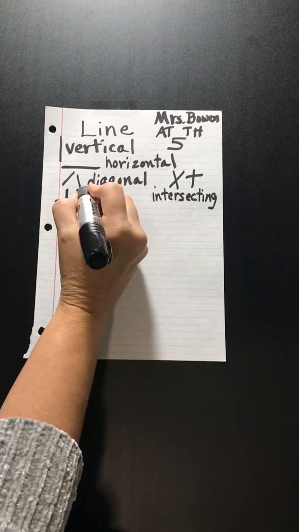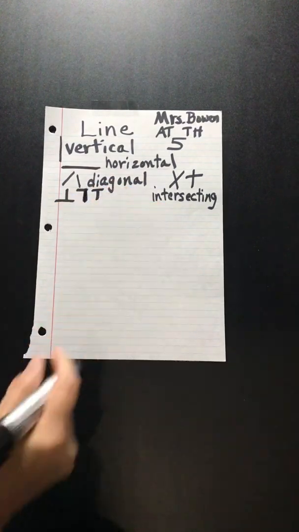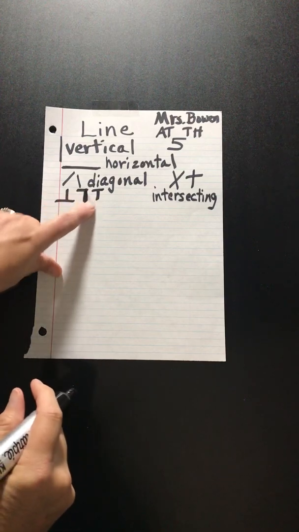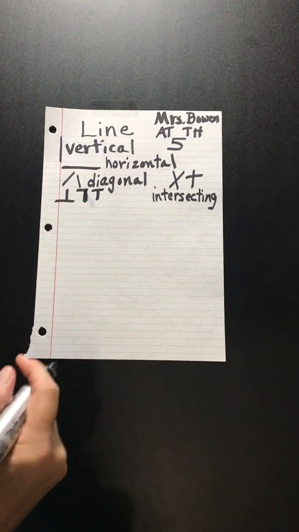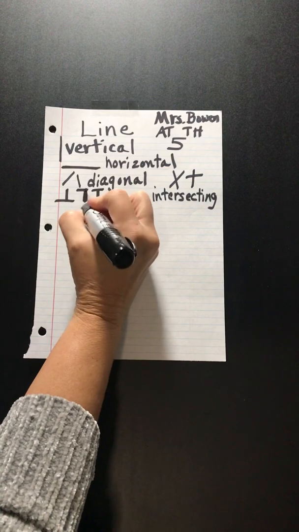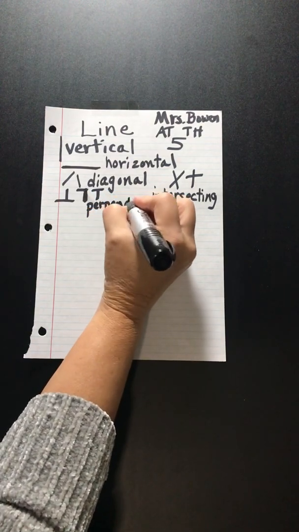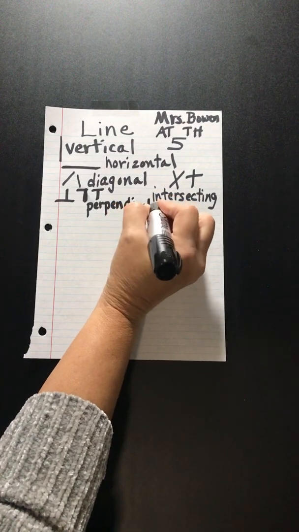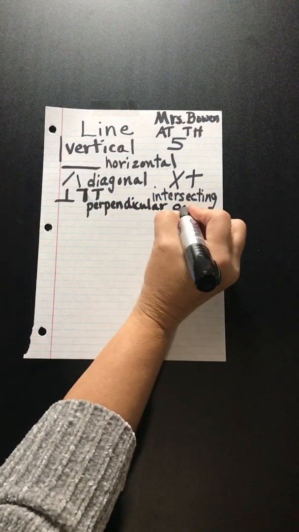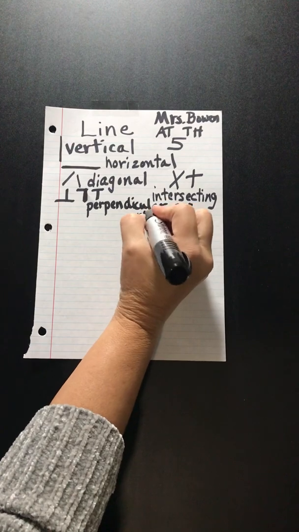Like the number 7 or an upside down T or a T. They make the square edges in them that are 90-degree angles. They're called perpendicular. They're also 90 degrees and they're called right angles.